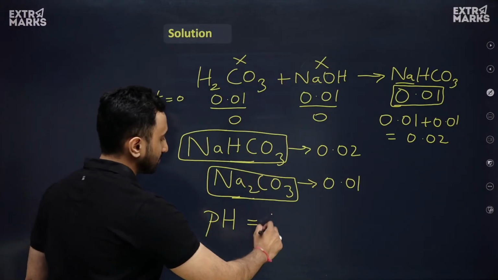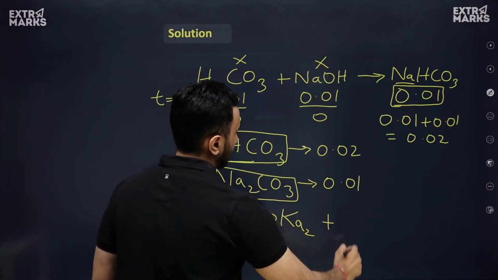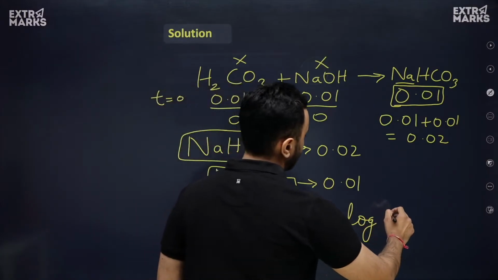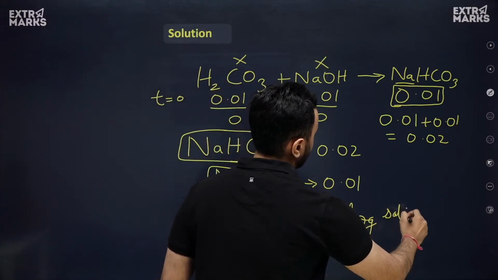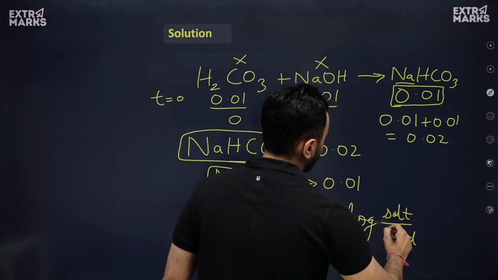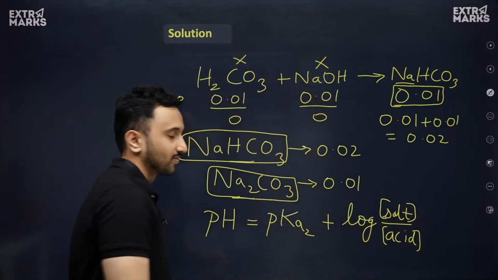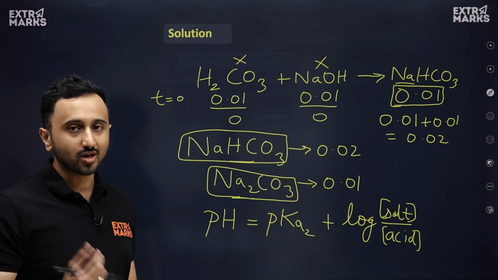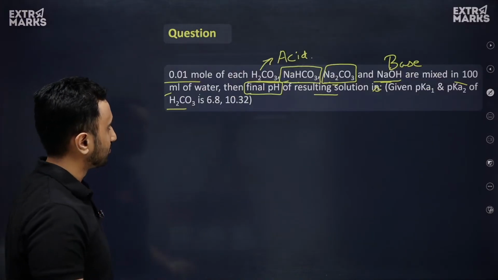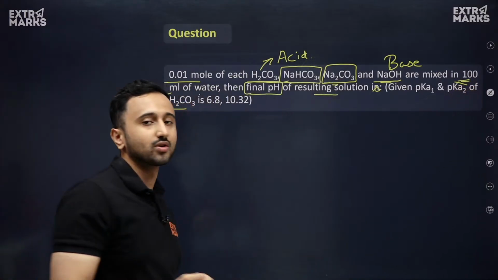So we must use the pKa2 value, plus log of concentration of salt divided by concentration of acid. Instead of concentration, we can use moles also, because the volume part, when we calculate molarity, will be the same.